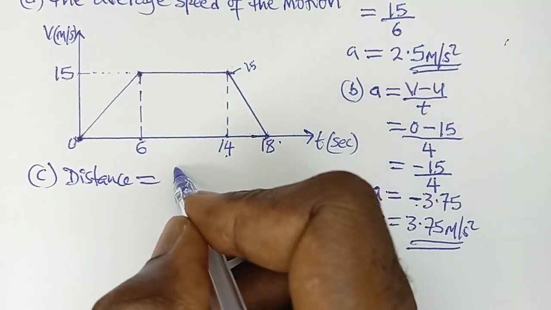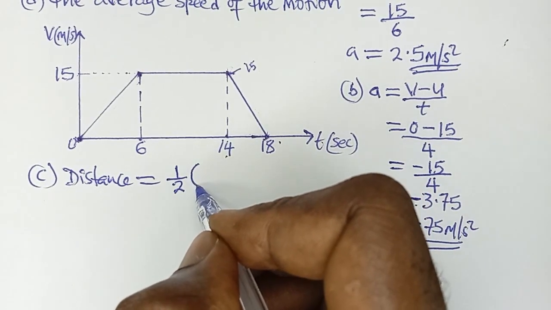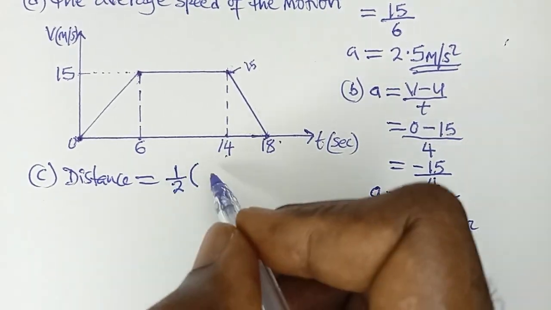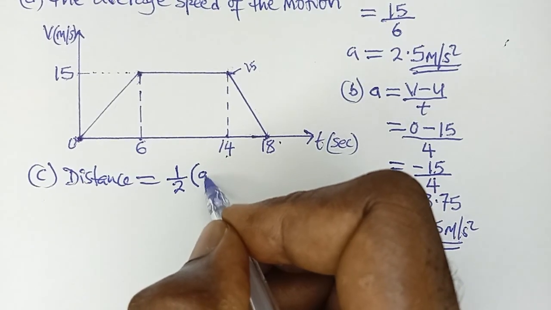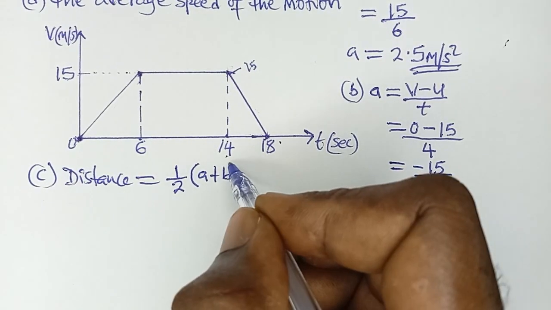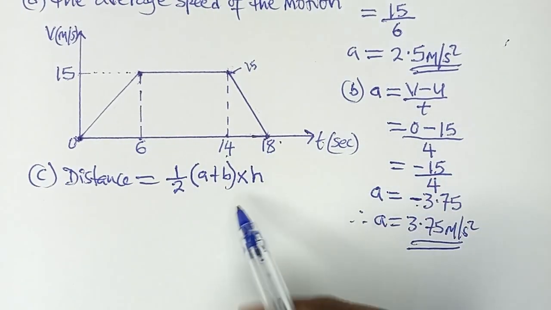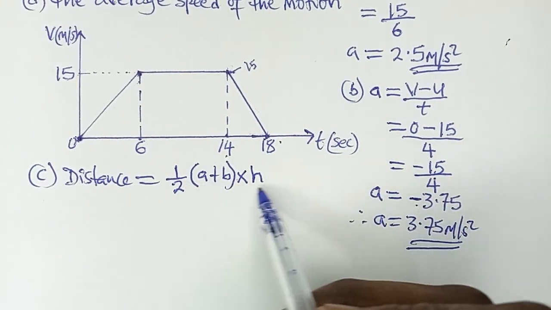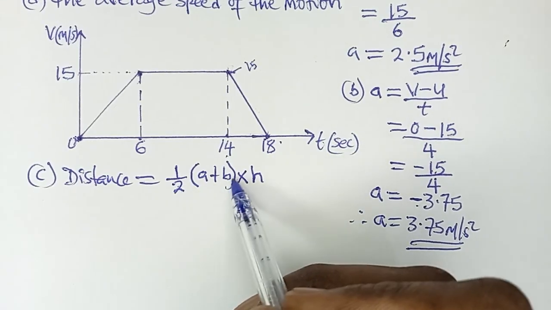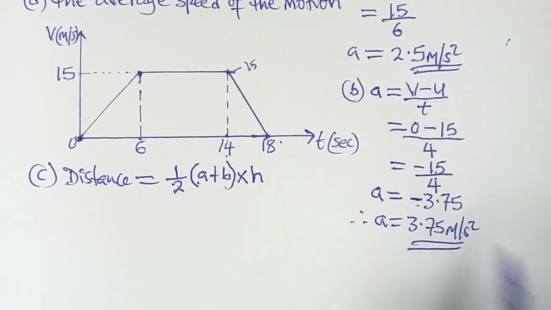Area of a trapezium, in mathematics, I want to believe you know it, is half multiplied by the top distance added to the base distance, multiplied by the height. So this is the formula for the area of a trapezium: half the sum of the parallel sides, A plus B, multiplied by the height.